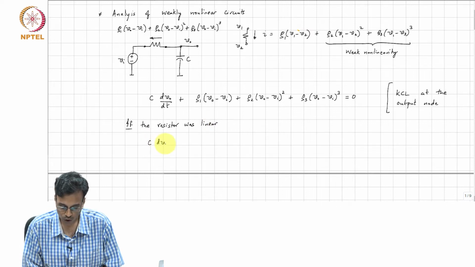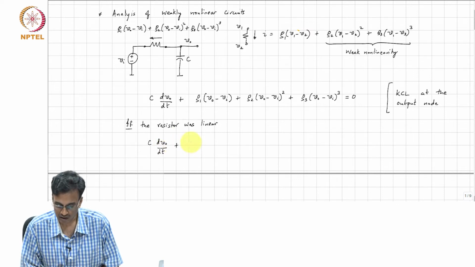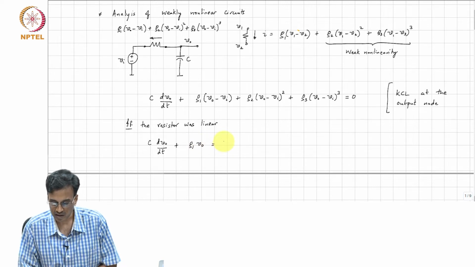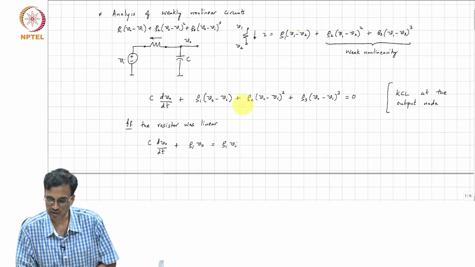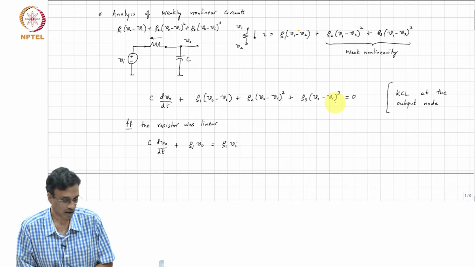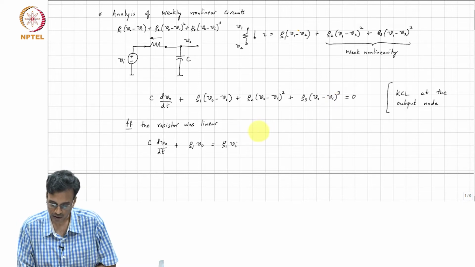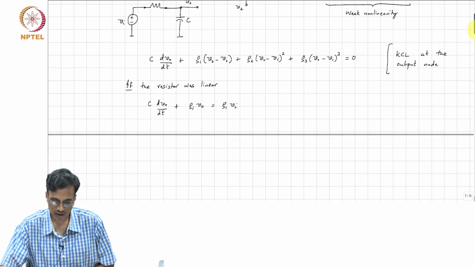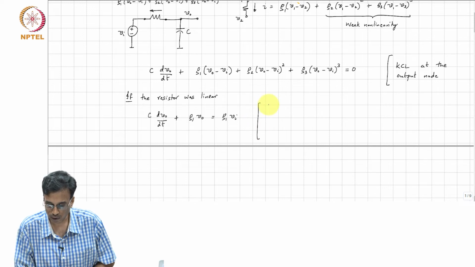C dVo by dt plus G 1 times V o equals G 1 times V I, because the G 2 and the G 3 terms will be 0. One observation that I would like to draw your attention to is the following. If the resistor was linear, what all do we notice here? This is what kind of differential equation?